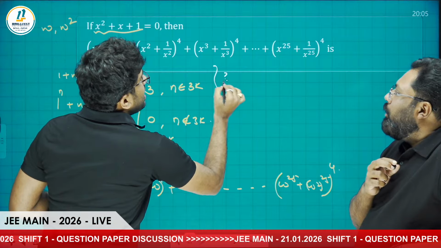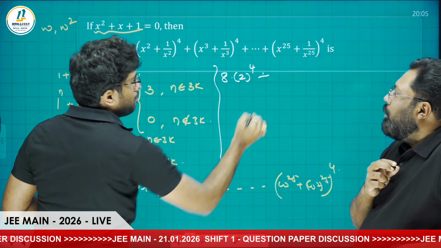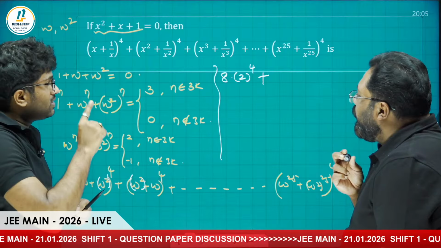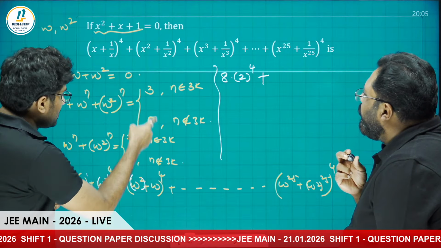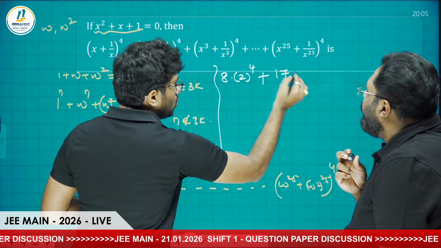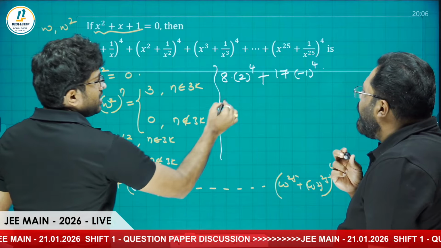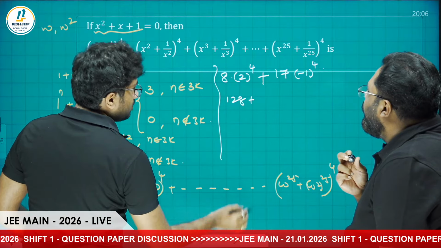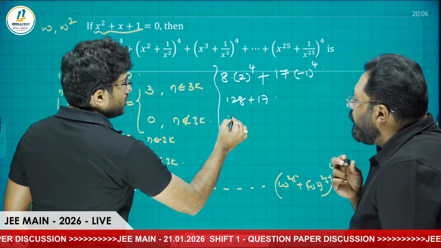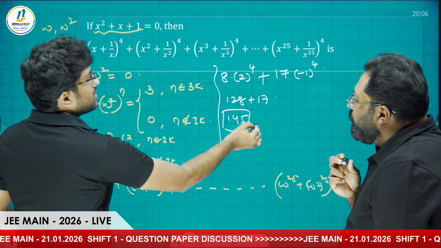So that means 8 into 2 power 4 we get, plus for all the remaining, out of 25, 8 were already done, 17 values, each expression will be minus 1. So 17 into minus 1 whole power 4. 2 power 4 is 16, 16 times 8 is 128, plus 17, this is equal to 145. Yes, 145 is the answer for this.